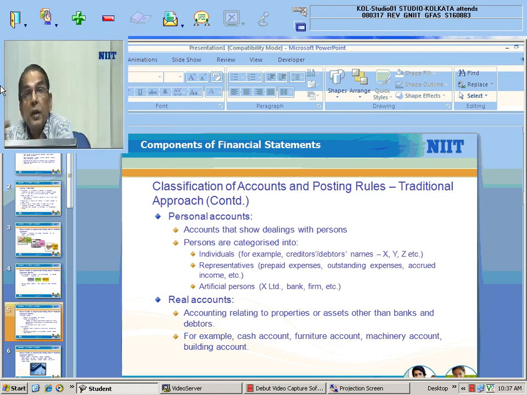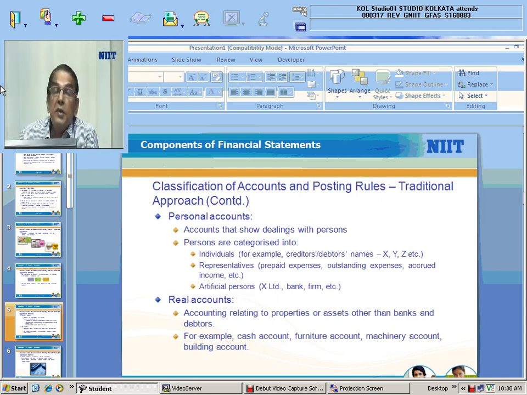Prepaid expenses to somebody, like prepaid insurance premium to the insurance company. So there are representatives, could be person. And it could be artificial persons like X Limited, bank, firm, etc. So the personal accounts again can be categorized into accounts in the name of individuals, representatives, although no name of individual is given here, but basically the payment or the transaction has been entered with some person and this transaction represents those persons.